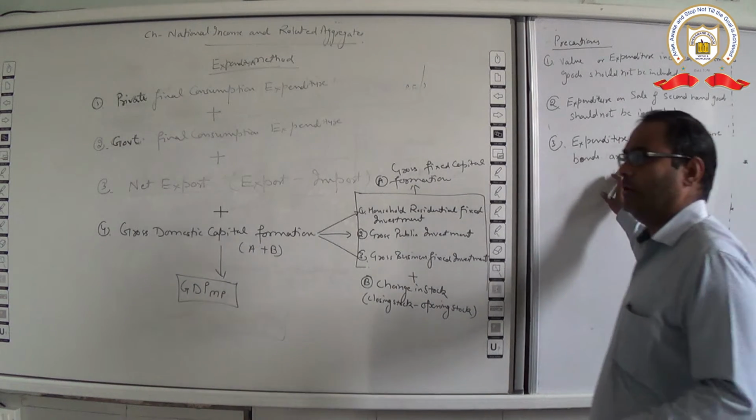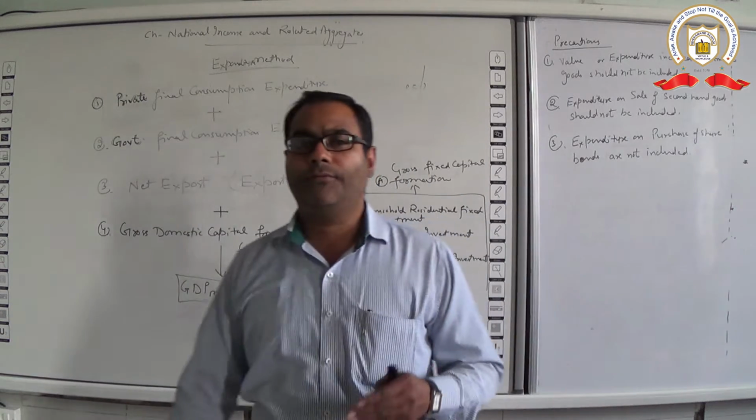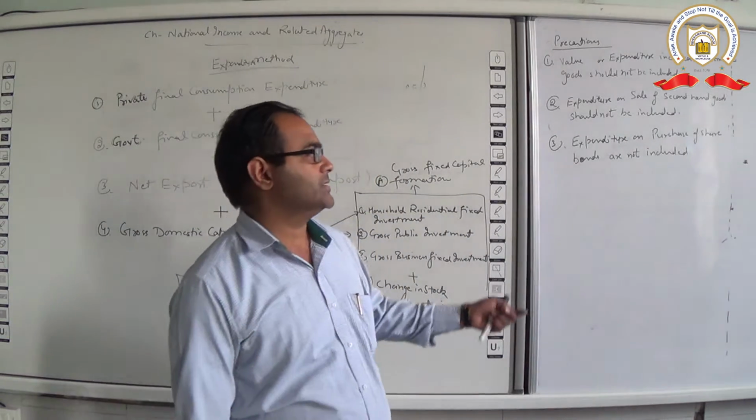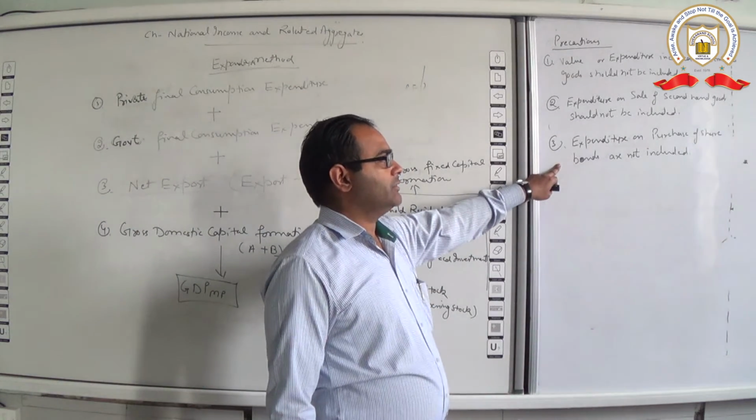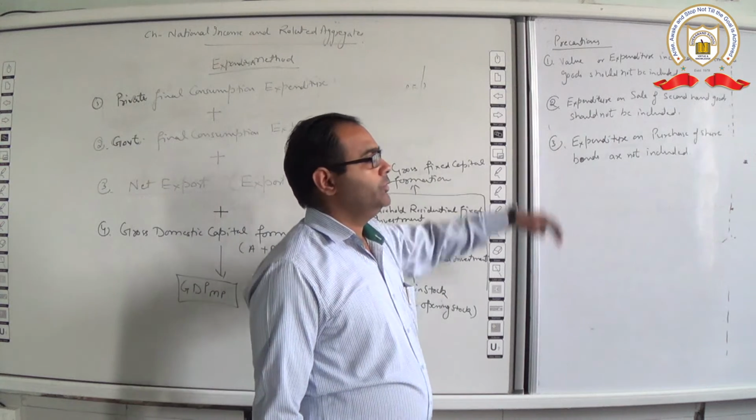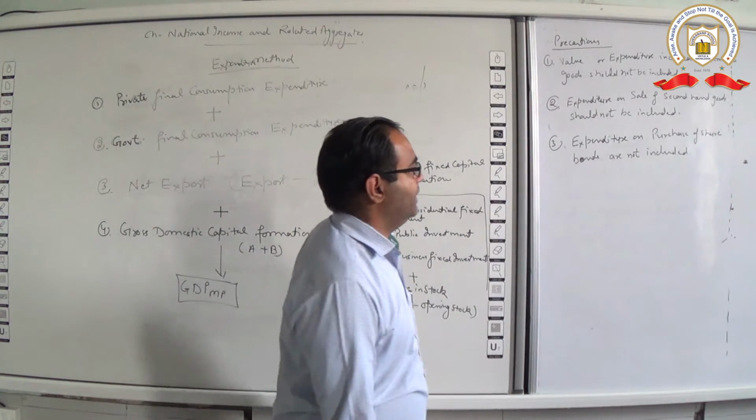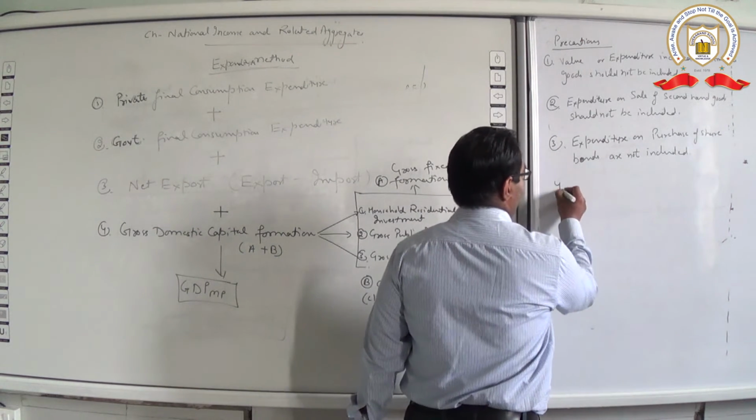These are only a transfer of ownership from one person to another. So these financial transactions are not included in the expenditure method while calculating national income.